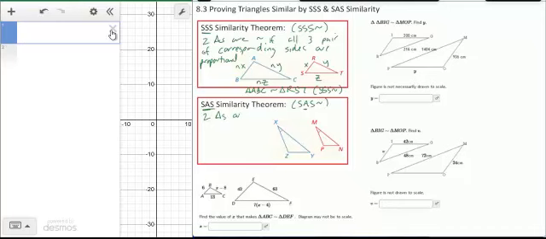So two triangles are similar if two pairs of sides are proportional and the included angle are congruent to each other. So again, that's the two S's and the A.